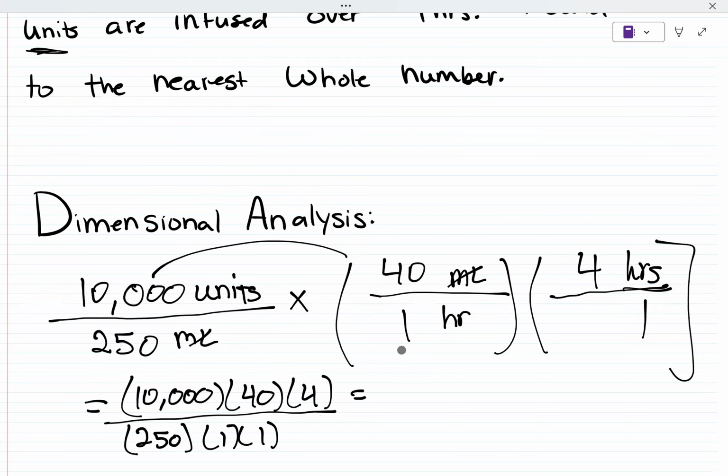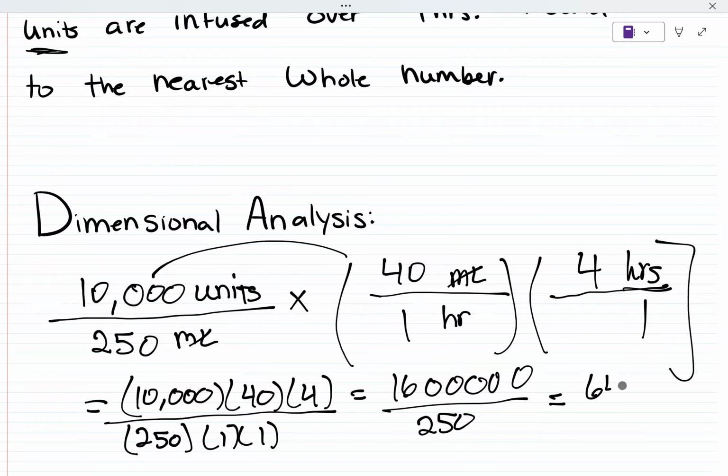And you get, let's see, 1, 6, and then 2, 3, 4, 5 over 250. And everything cancels. So you're left with 6,400 units. Okay, so that was dimensional analysis.